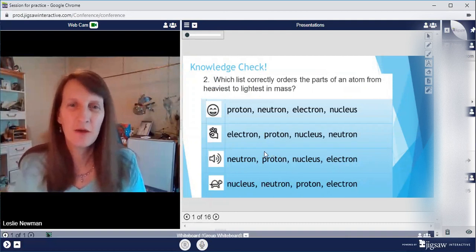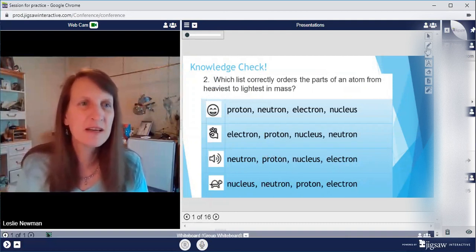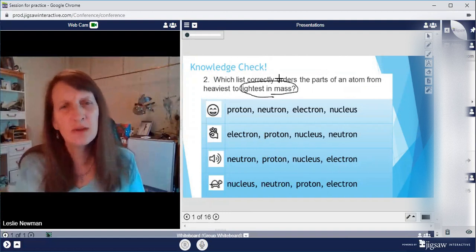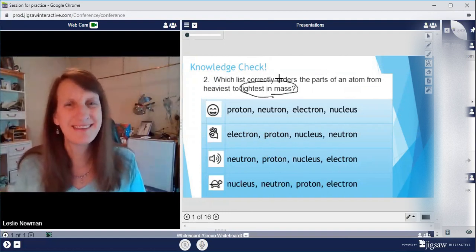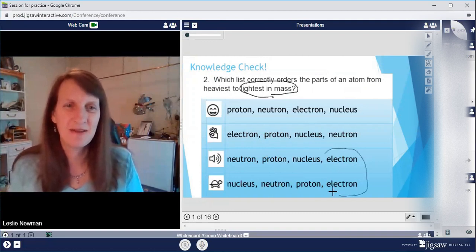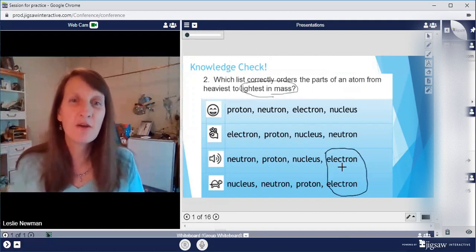Good to know. Okay, so I'm going to say here, look, we've got heaviest to lightest, and I know what the lightest particle is. Do you know what the lightest particle is? And if you said electron, then you are correct. So I know that we are looking at either the volume up or the turtle.